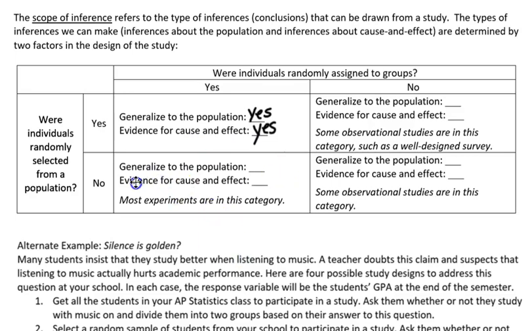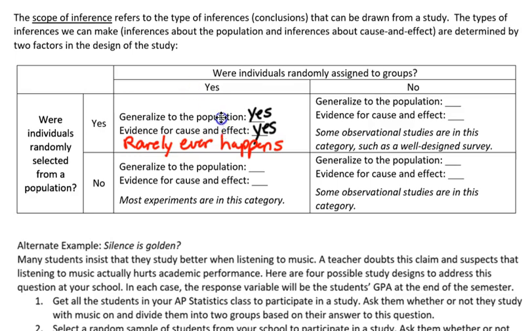Now let me point out though that this rarely happens. We rarely ever have both types of randomization in a situation, because if we're doing an experiment, we rarely have the opportunity to randomly select our subjects. If we're doing a survey, then we're usually not randomly assigning to groups.